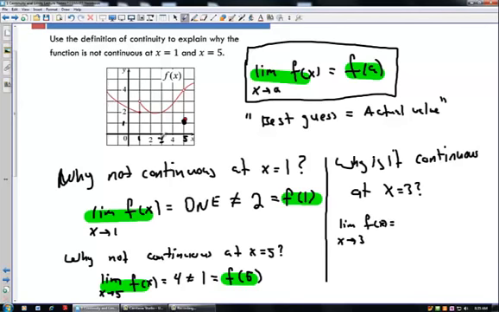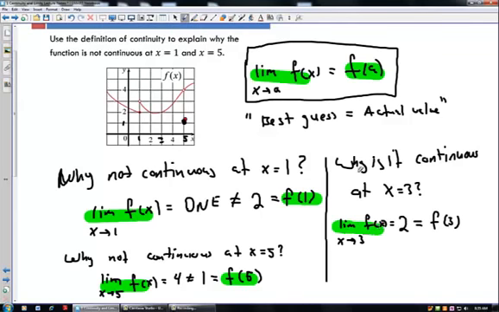I look here, here's x equals 3. From the left it approaches height 2, and from the right it approaches height 2. So the limit is equal to 2, and that is equal to f of 3, because if you plug in 3, you do get out 2. That's what makes this function continuous at x equal 3 by using the definition.